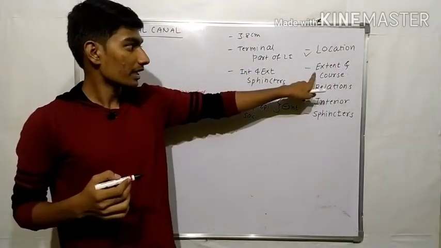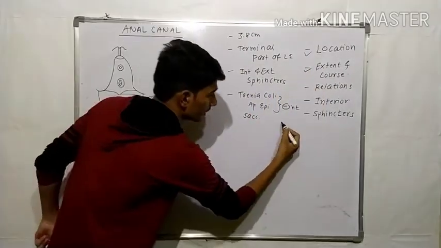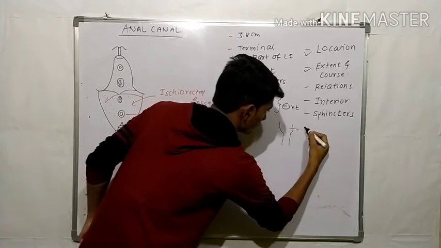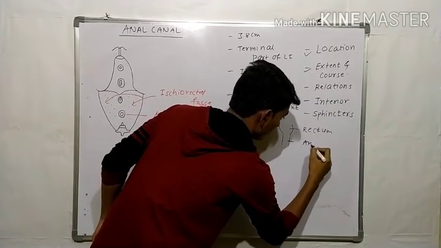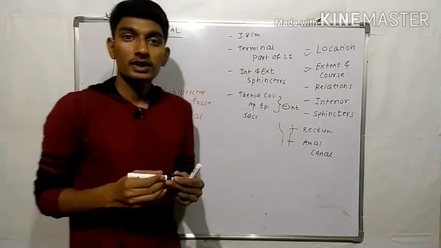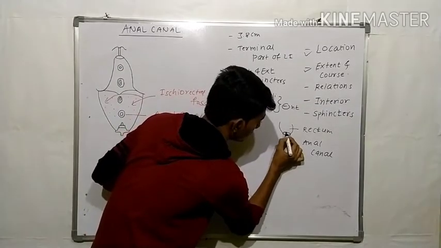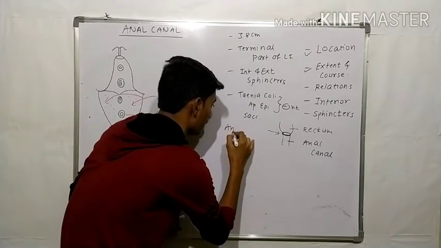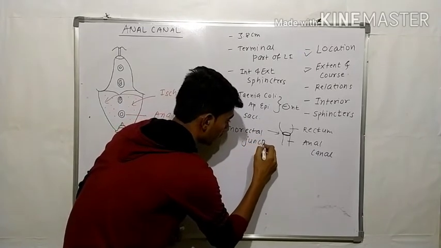Now, coming to the extent and course. As we have studied, this is the rectum and this is the anal canal. The anal canal begins at the anorectal junction.